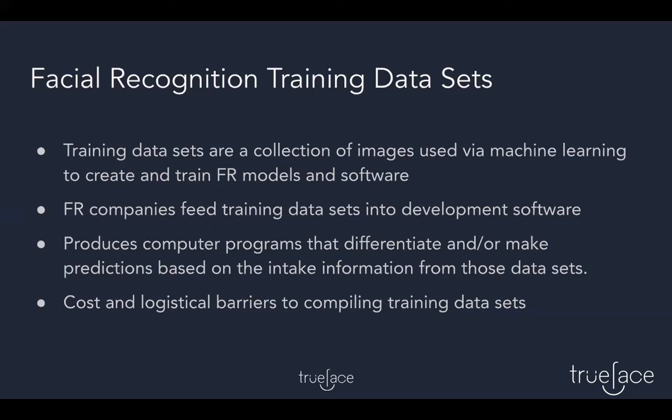So I want to make a brief comment here about how companies compile training data sets, the logistics and cost associated with that. As you can imagine, as I said earlier, the larger and more diverse a data set is, generally the better it is for the consequent software. Compiling such an enormous diverse data set is usually an equally enormous task for a facial recognition company. Let's say you've got a company of 20 souls and they want to construct a useful database of, let's say, 1 million unique images.